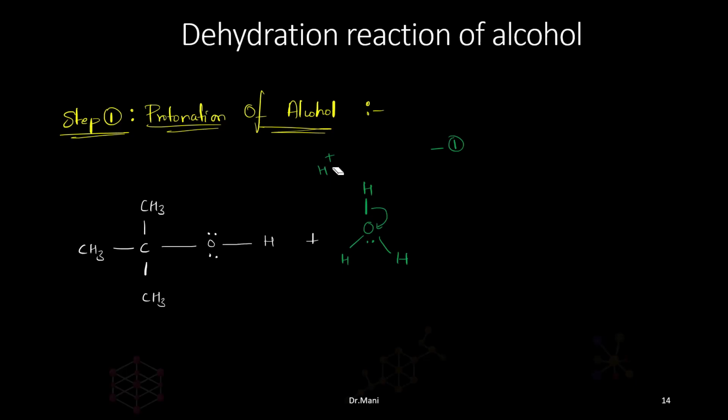Now this proton will approach this oxygen, because the oxygen is calling: I have extra electrons, you come here, I'll give them to you. So the proton will go there and try to bind here.